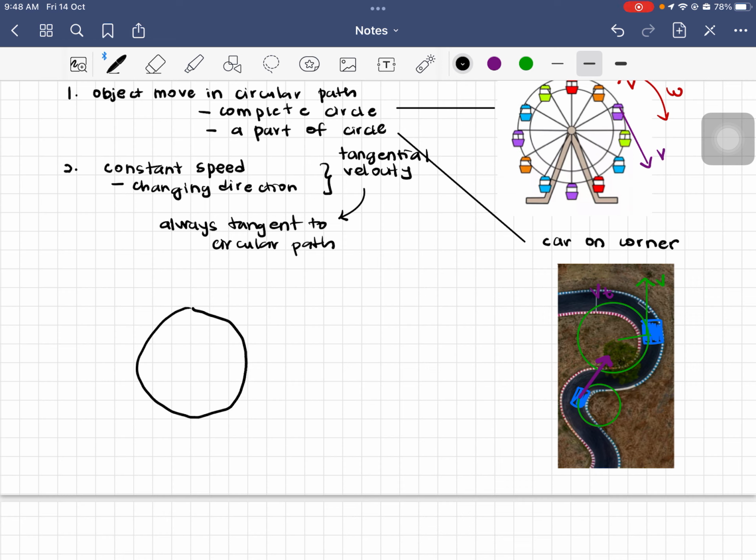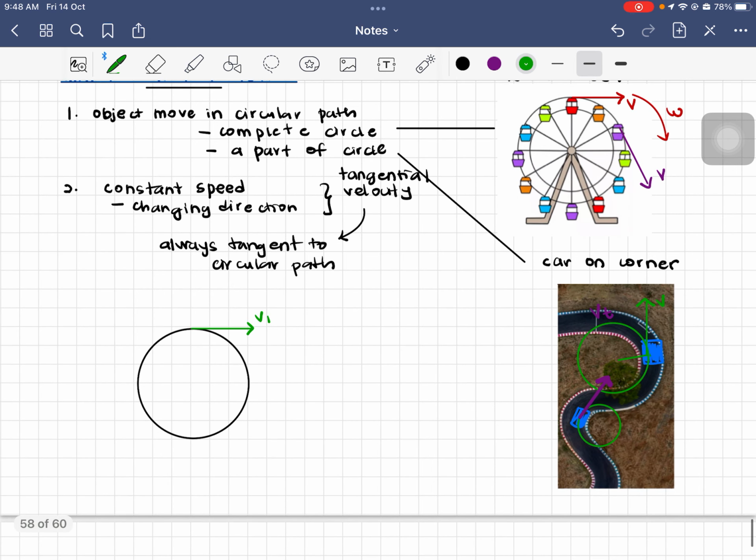Okay, so let's say it is motion. We have this as our V initial, let's say the red gondola rotates 1, 2, 3, saya ambil 3 blok. Ni pun saya ambil 3 blok sebabnya saya nak dia menunjukkan dia ada velocity yang sama.